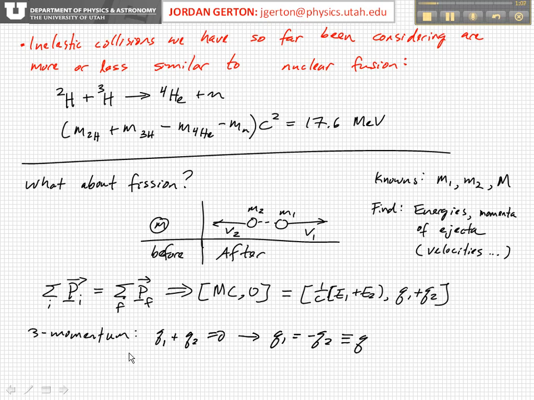Okay, now we can use the energy momentum invariant, which we've talked about a number of times, to give general expressions for E1 and E2. Okay, so E1 squared is equal to m1 squared c to the 4th plus q squared c squared, and E2 squared is equal to m2 squared c to the 4th plus q squared c squared.